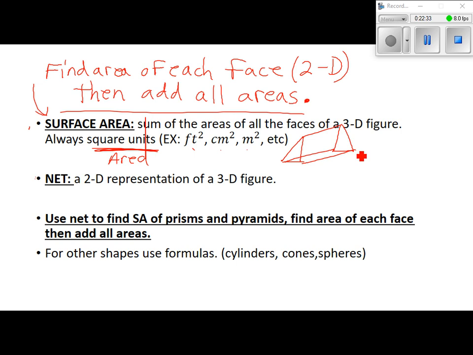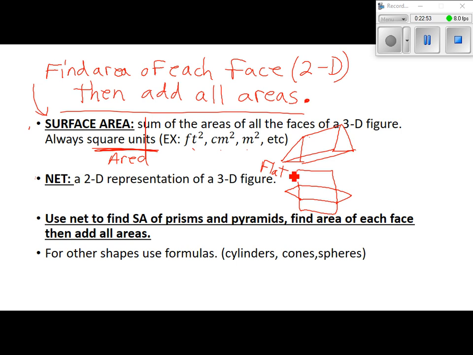We've got 3 rectangles and 2 triangles, so the net might look like a rectangle, rectangle, rectangle, and then 2 triangles. All we've done is take this three-dimensional shape and lay it out flat to make it two-dimensional.